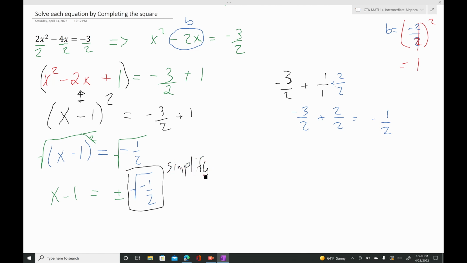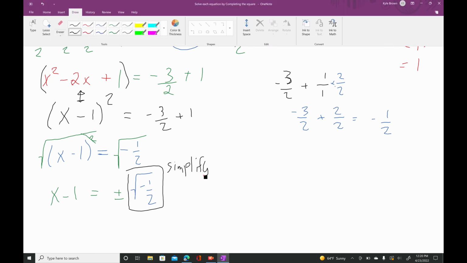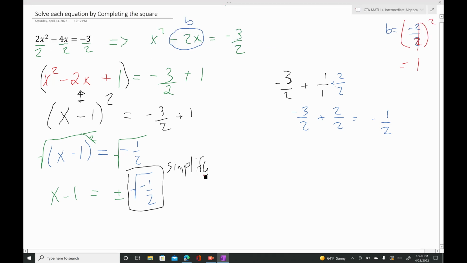Simplify. I was not trying to be funny, but I'm going to take this and work on it over here. And then we'll keep going with the rest of the problem. So when you think about imaginary numbers, just know that this -1/2 can be rewritten as -1 times 1/2.